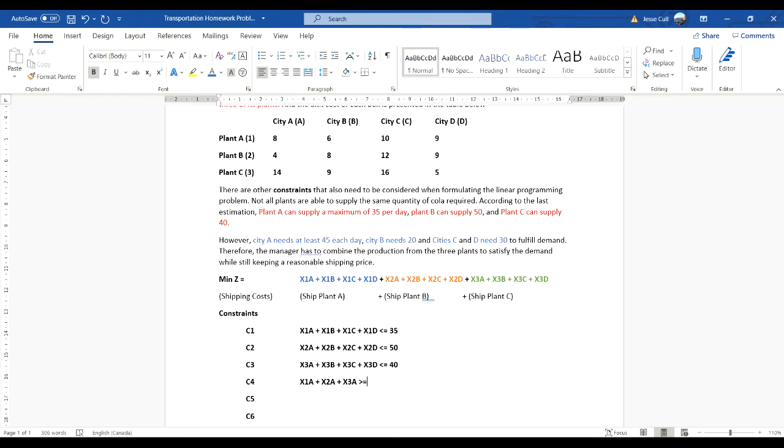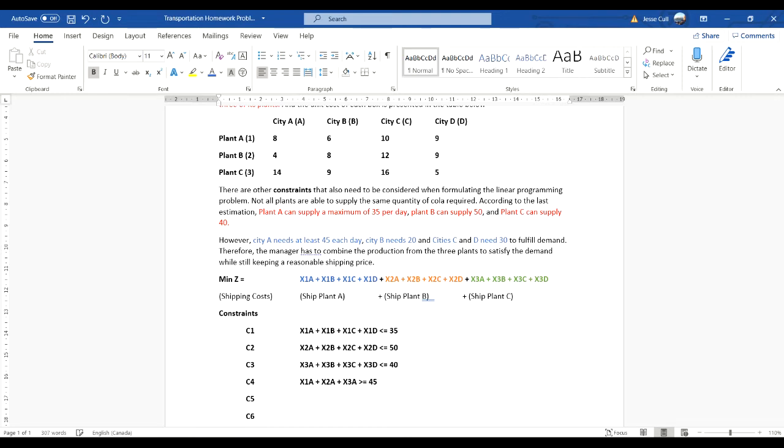Now, in the last problem, we saw that they needed an exact amount. That's not the case this time. This time, they need at least 45 each day, at least 20, at least 30 for C and D. So it must be greater than or equal to, in this situation, 45.